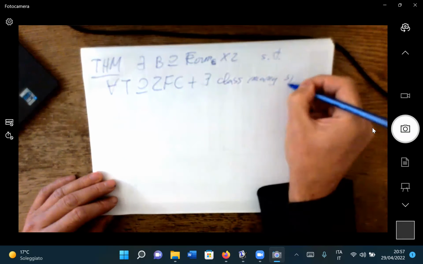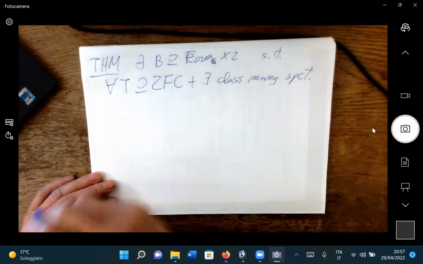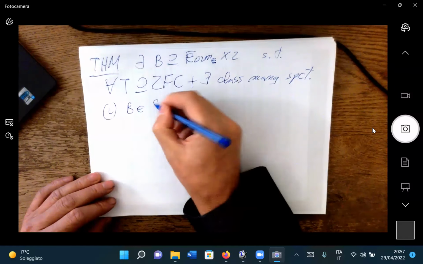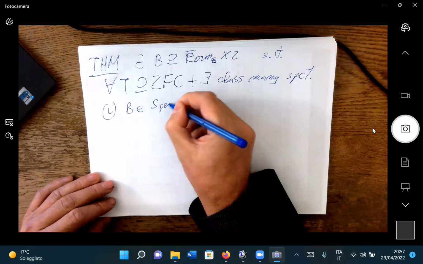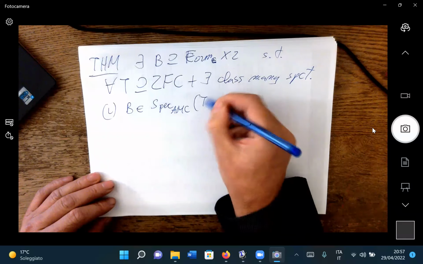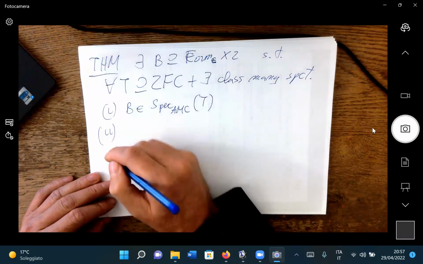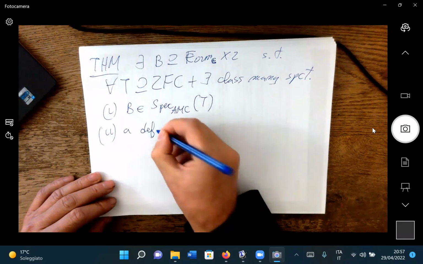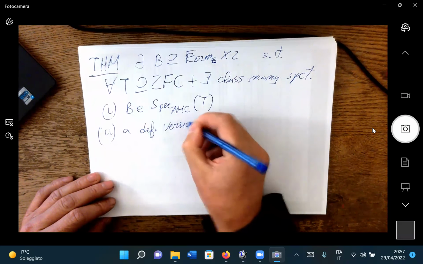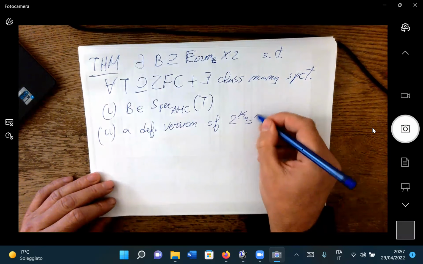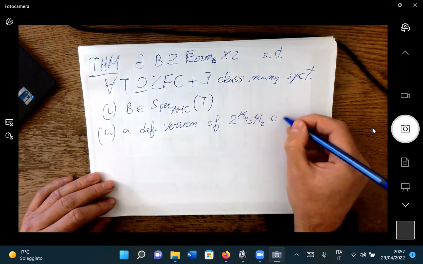Actually, weaker assumptions are needed. Well, we have that 1, B belongs to the spectrum of T. 2, a definable version of 2 to the aleph 0 equals aleph 2 belongs to this spectrum.